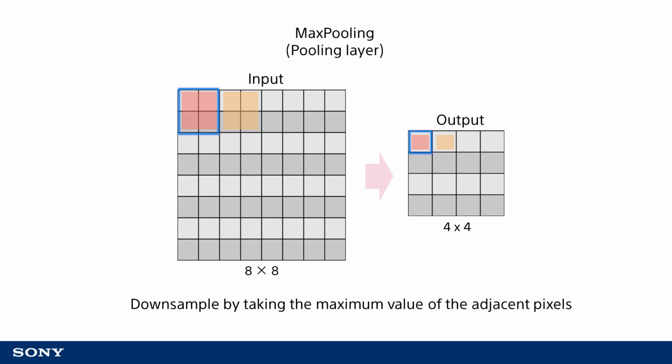This process halves the vertical and horizontal resolution. There are many other types of pooling. For example, average pooling takes the average value of these 4 pixels and outputs it. In the case of max pooling, it takes this maximum value, and that's why it's called max pooling.